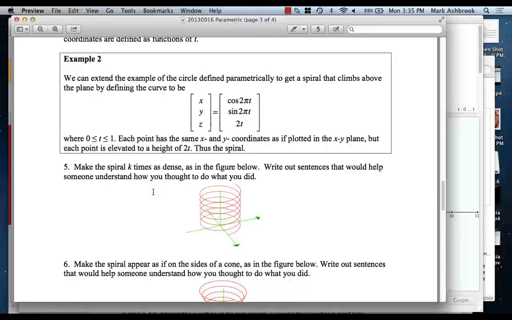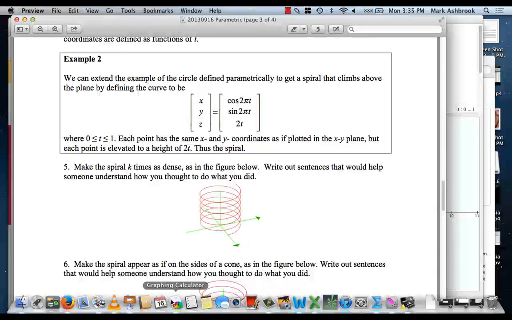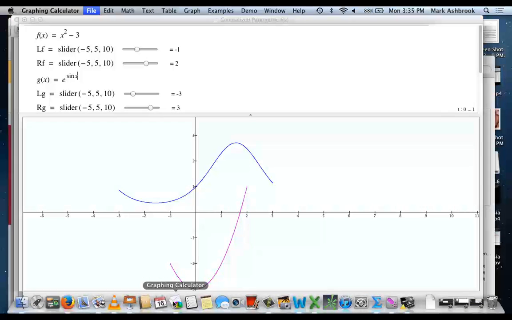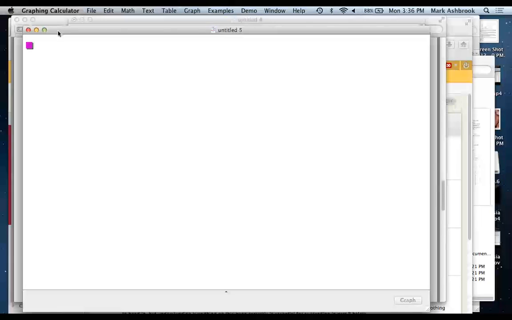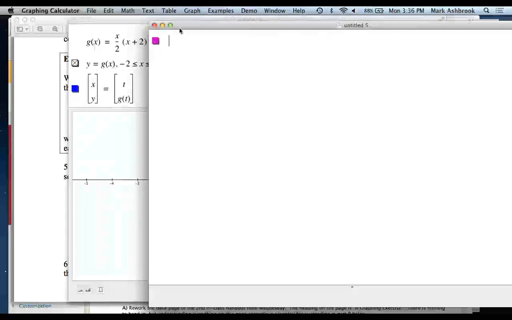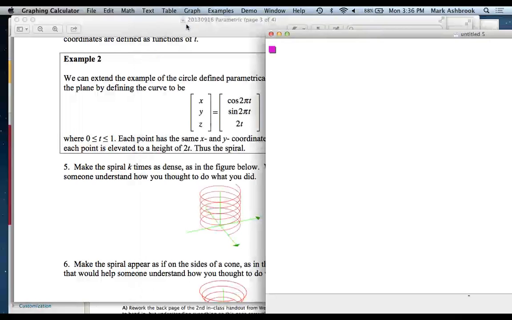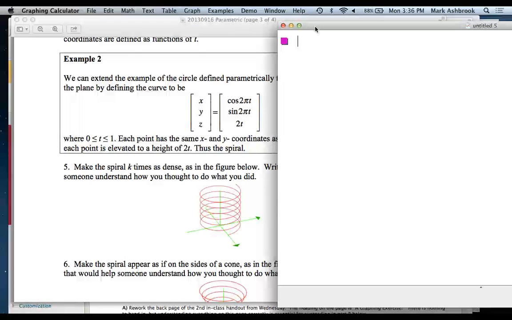To help with Richard's argument, when we first tried to graph a circle parametrically the other day, we originally just did cosine t, sine t, which gave us 1 radian of rotation. Then we discovered that if we change it to sine of 2 pi t and cosine of 2 pi t, we'd get 2 pi radians of rotation, which was the full circle. If we want this to be more dense, we want it to have multiple full 2 pi rotations.